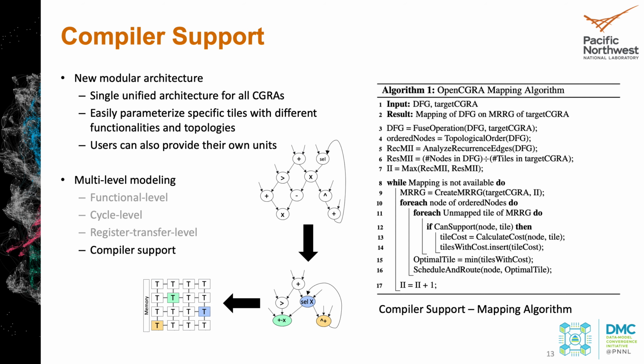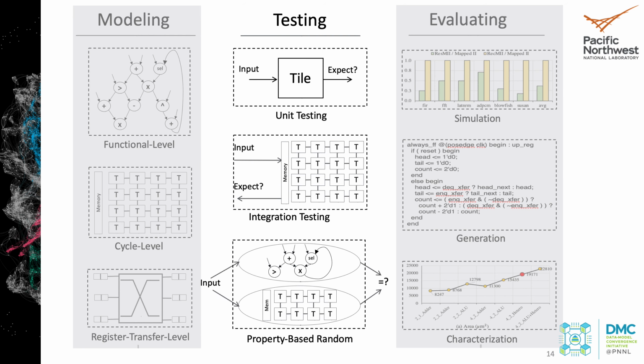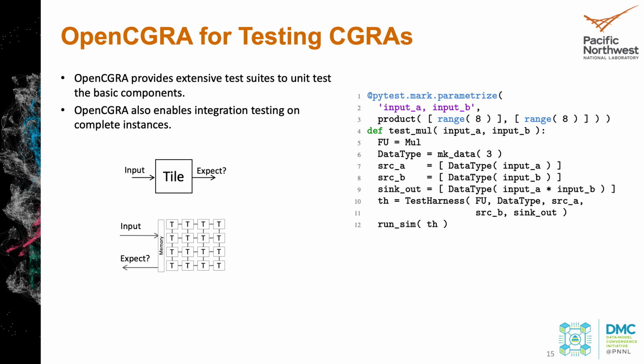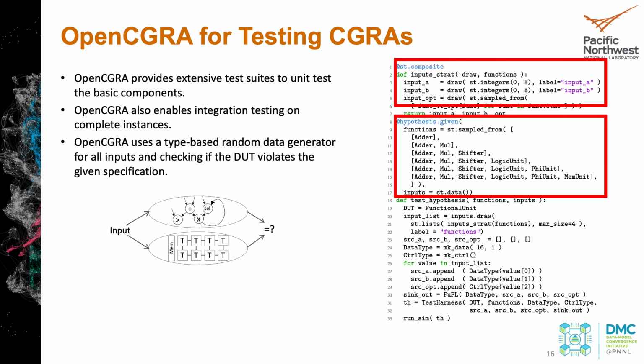For testing, OpenCGRA extensively applies the unit testing and integration testing. As the figure shows, users need to specify the expected output for each input set. Moreover, property-based random testing is achieved by leveraging the open-source Python-based hypothesis framework, which helps you to automatically and randomly shrink your design until the bug is found in a minimum design complexity.